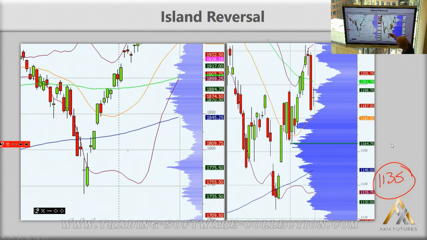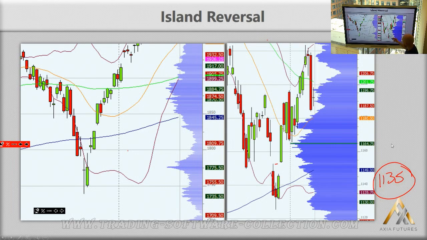You get a gap lower, you then get a gap back up, and this should be entirely on its own. Unfortunately, it's not quite textbook in the sense that this first gap down actually filled the lowest point, but you do then get a gap up above that high.